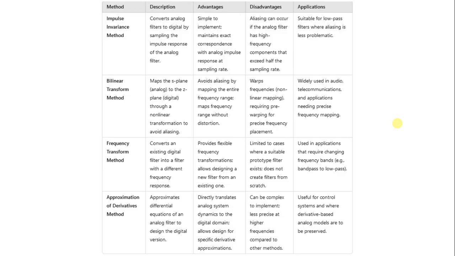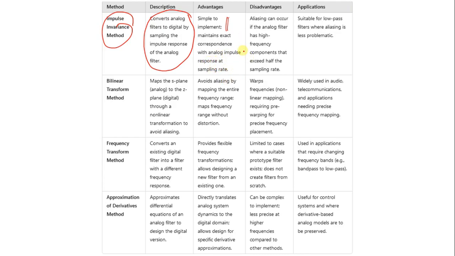So these are the differences between the different methods. If you look into the impulse invariance method, it converts analog filters to digital by sampling the impulse response of the analog filter. It is simple to implement and maintains exact correspondence with the analog impulse response at the sampling rate.